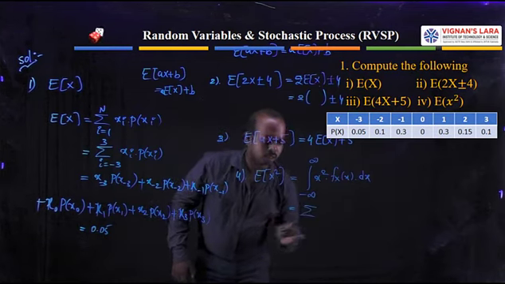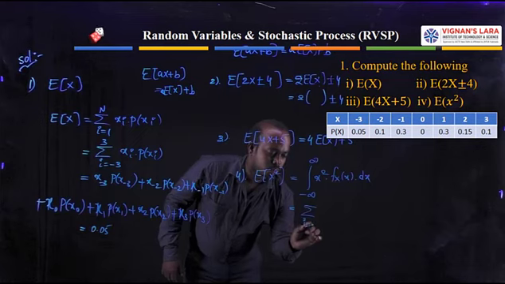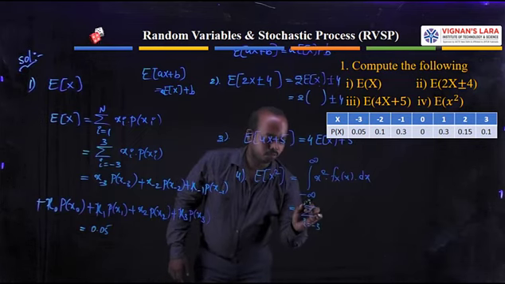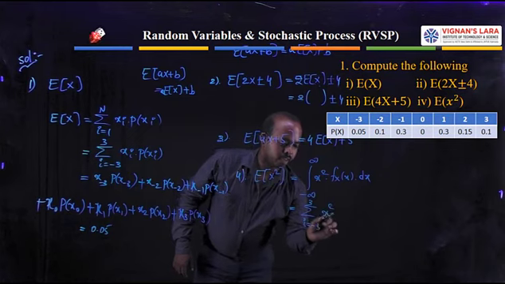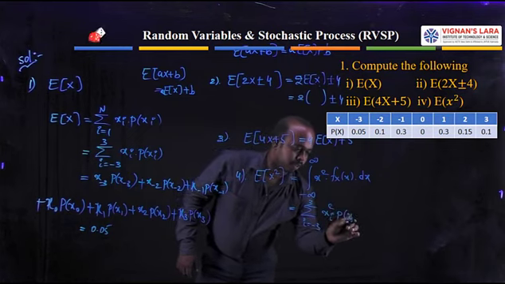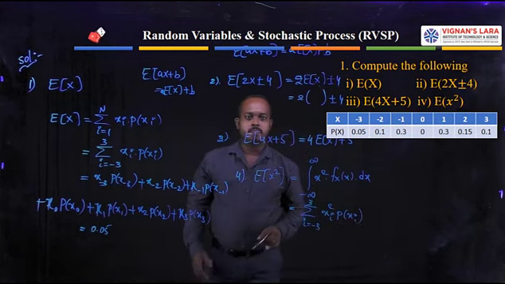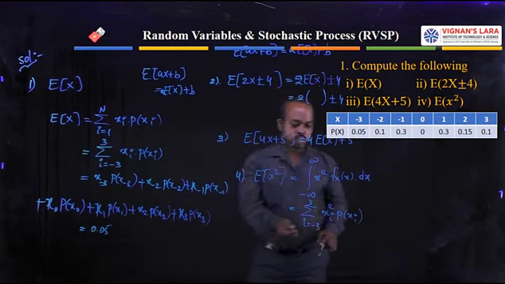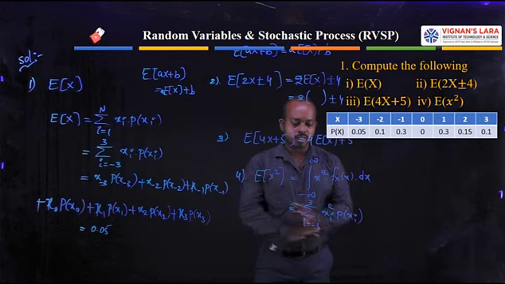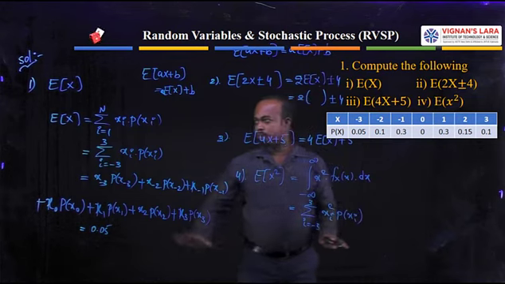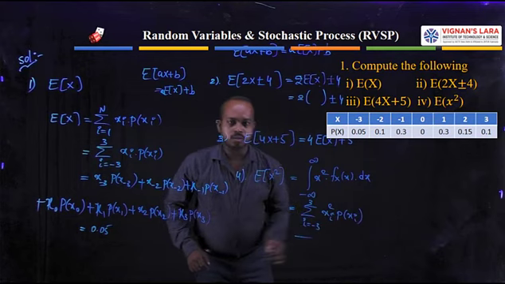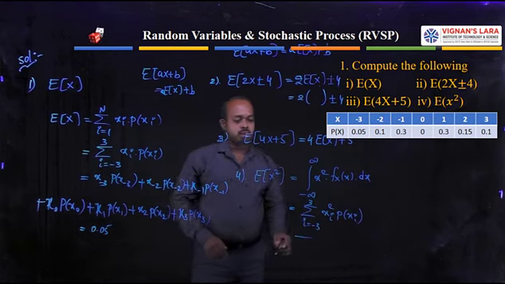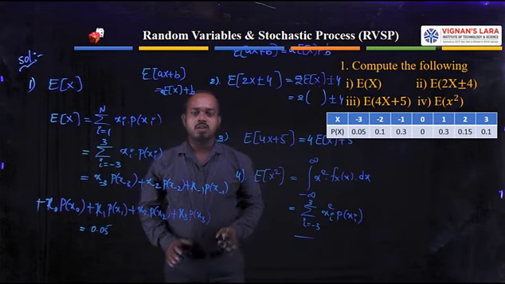That's why I am writing the formula as summation i is equal to minus 3 to plus 3 of xi square into probability of xi. In this formula, you just square the element values. The remaining is as it is. What you did in the first point, the same thing you can repeat in the fourth point. But the only change is that the x value is squared, the remaining is as it is.